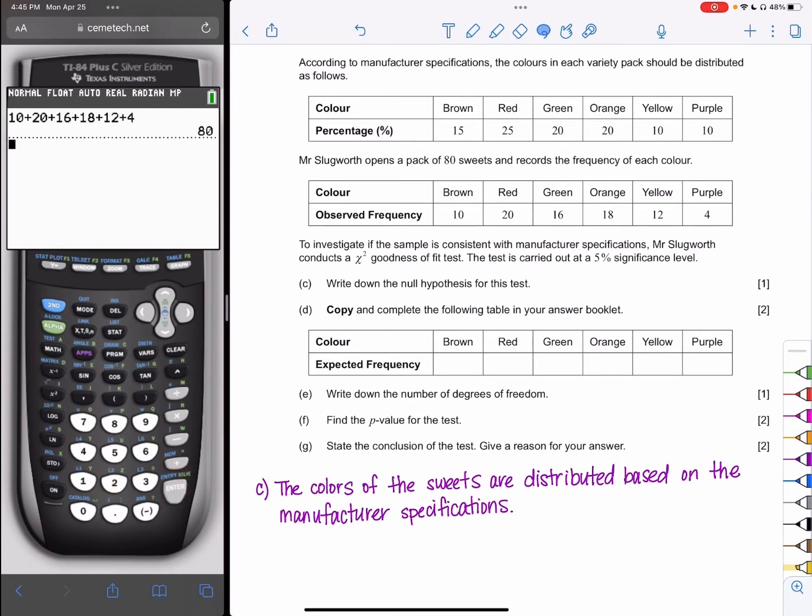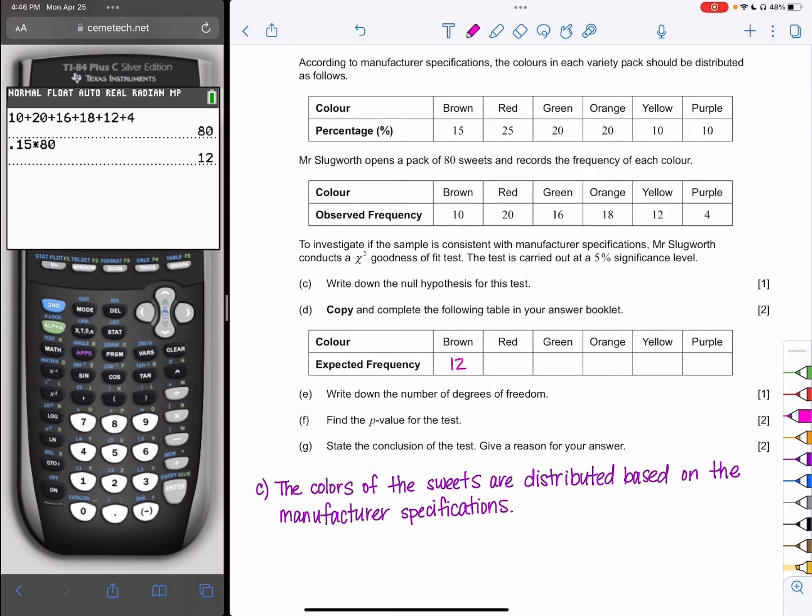When we add that up, we get 80. All right. So now that we have 80, we have to use the percentages to figure out how many we should actually have. So I should have 15% of brown. So 15% times 80 is going to give me 12. So I know I should have 12 brown sweets.